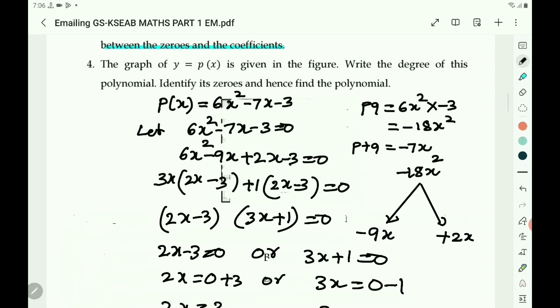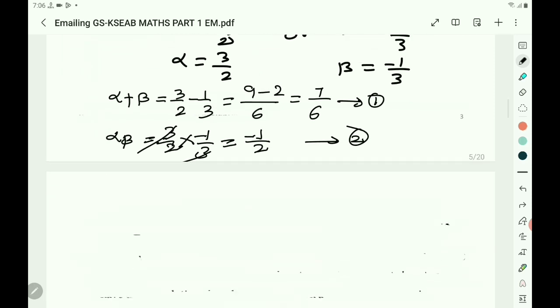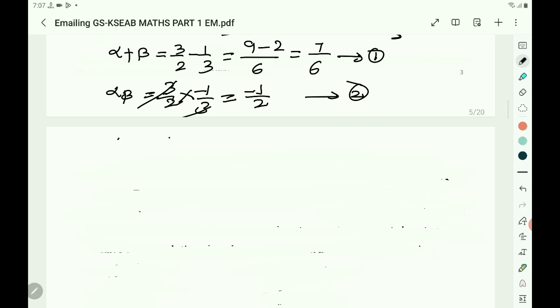Now take the expression 6x² − 7x − 3. Write the values of a, b, c. a equals the coefficient of x², that is 6. b equals the coefficient of x, that is −7, and c is the constant, −3.